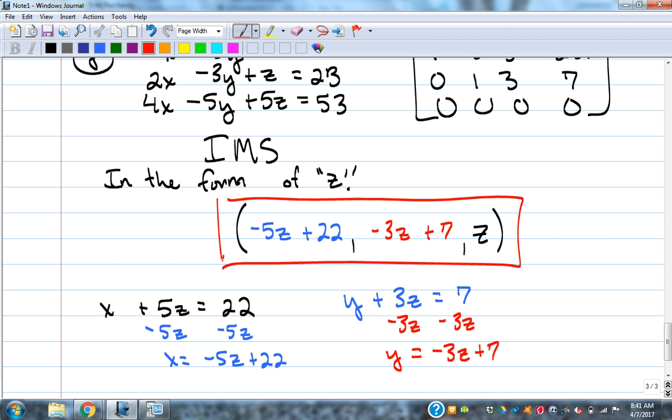Most of the time when you have infinitely many solutions, the first row is going to have that 1 in the place for the X, so you're going to use it to get the X form. And the second equation usually will have that 1 in the Y position, and then it'll have the other stuff. You can get the Y equation from there. Not terribly difficult.